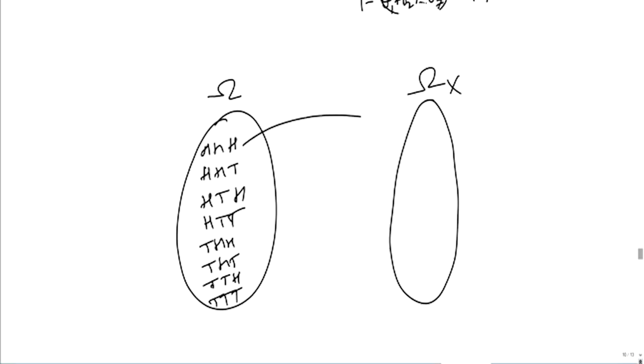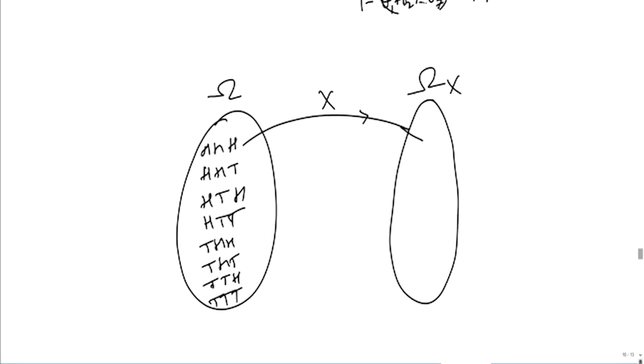How? Let's say you define a function, and let me call this function capital X. What this function does is that it takes this thing as an argument and gives some outcome in the numeric space. But how can it do that?